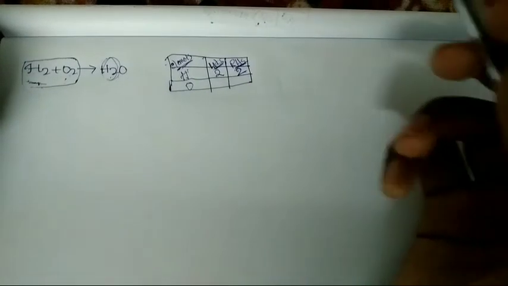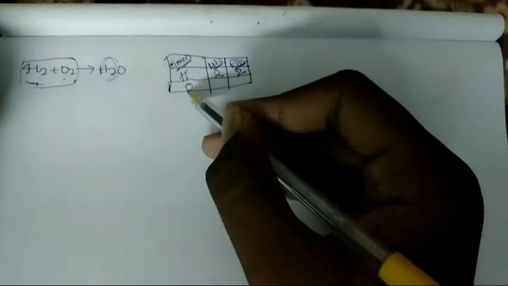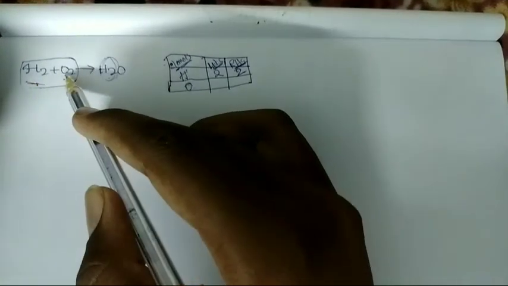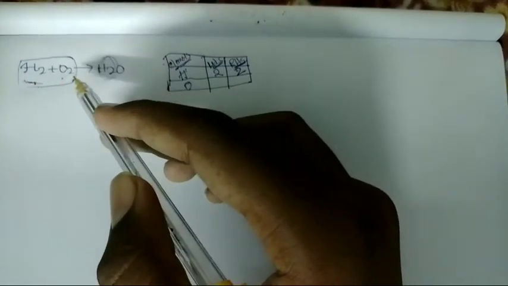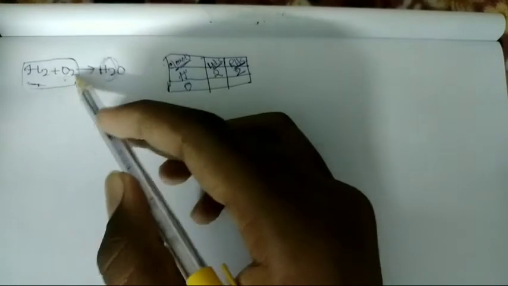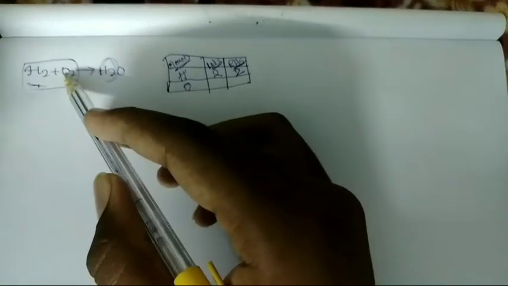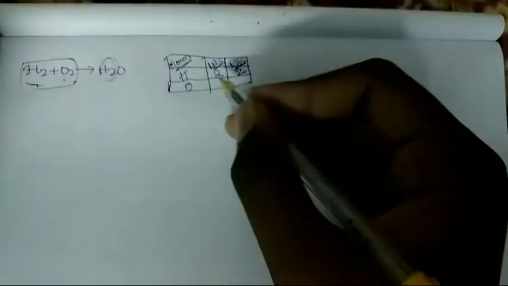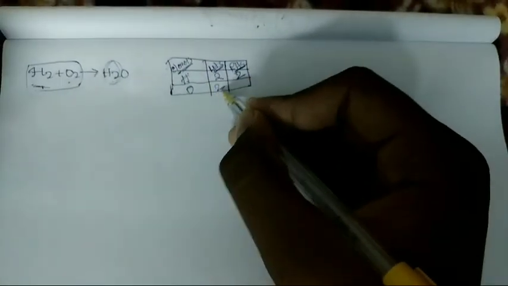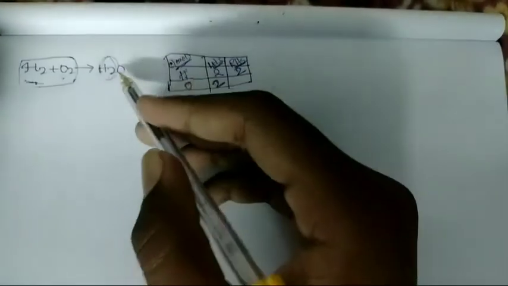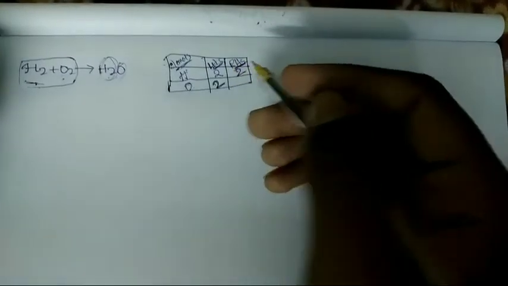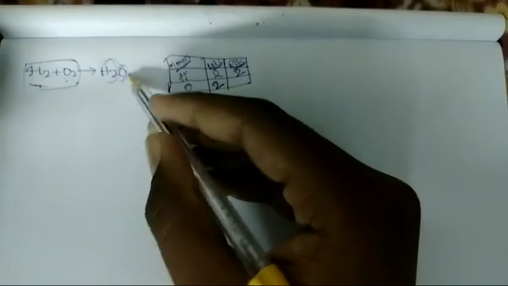Yes or no? Now next, O means oxygen. In the reactants, O2 means there are 2 oxygens on the left hand side. But see, oxygen in the right hand side, means products, there is only 1 oxygen.